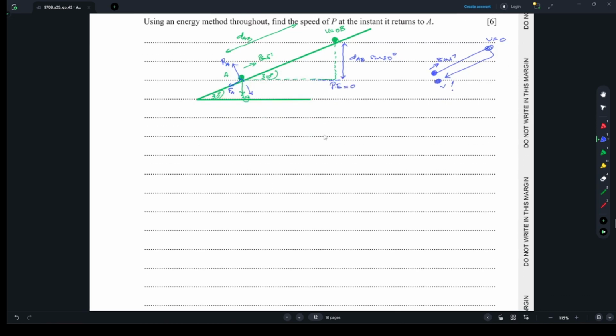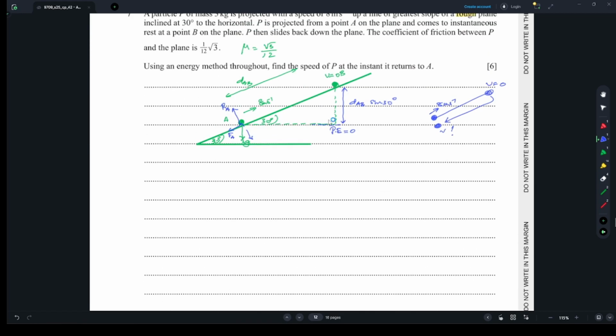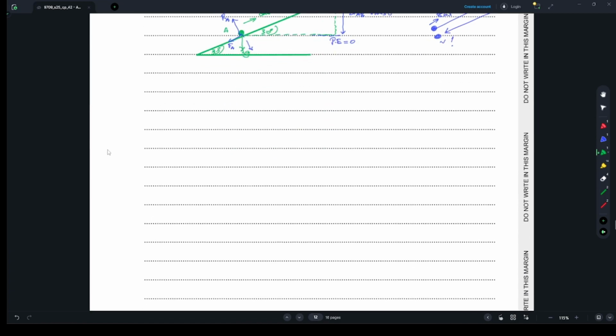Okay, so now first we have to find out the energies. The problem is now we don't know DAB. So in the first case we can try to find out DAB. So for that one we have to consider now energies.